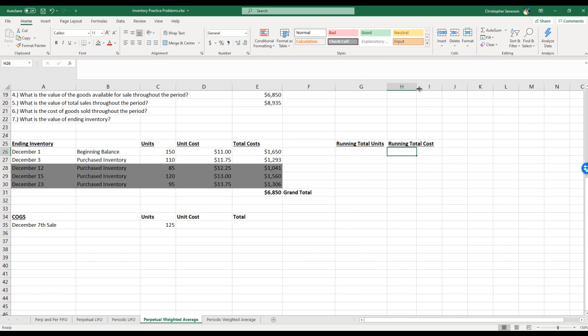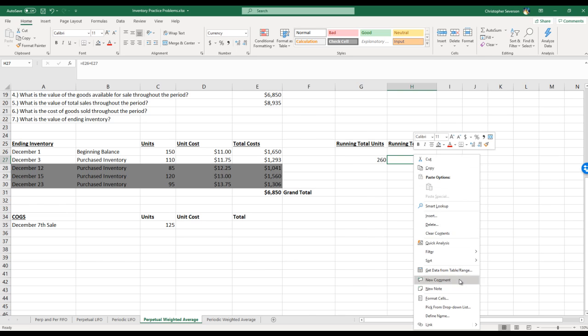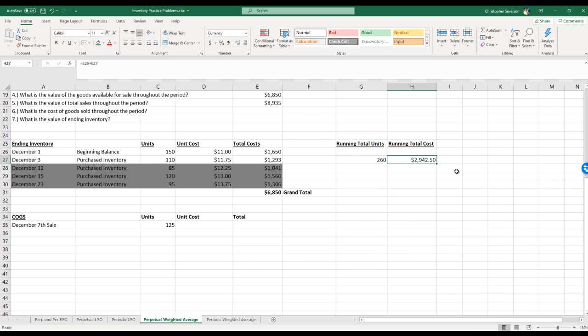Again, how you document this, how you illustrate it, it's up to you. But at this point in time, we have a total of 260 units, and the total cost is $29.43. Again, I'm going to just show that fully so we can see if it has any sense or not.